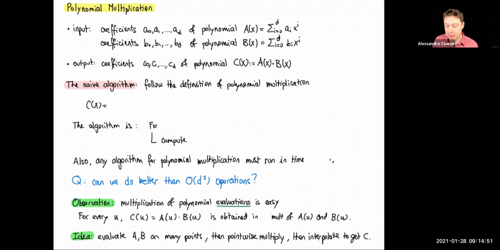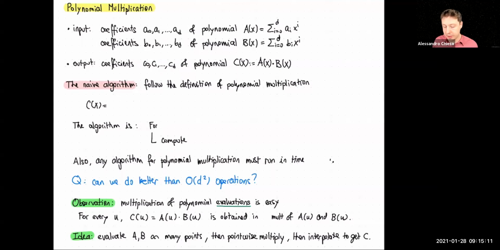So it says, here's the coefficient for the constant term, here's the coefficient for the linear term, the coefficient for the quadratic term, and so on and so forth, for the first polynomial and the second polynomial. And the problem of polynomial multiplication asks us to compute the coefficients of the product polynomial.